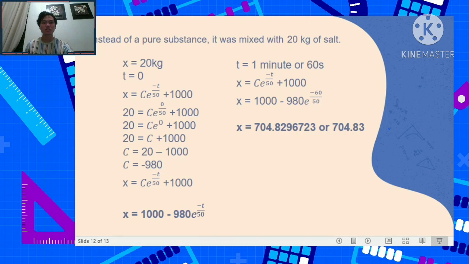Then just substitute the value of t. We'll have negative 60 over 50. Then compute again. We will have x is equal to 704.8296723, or if you round off, 704.83.